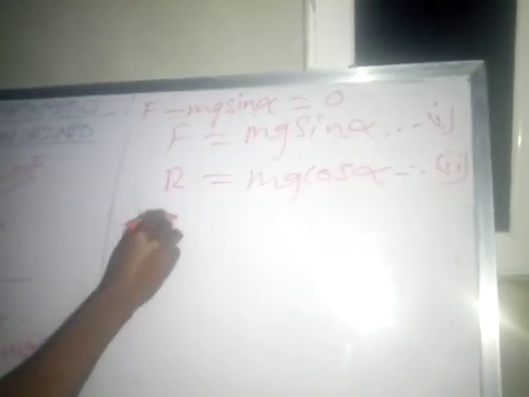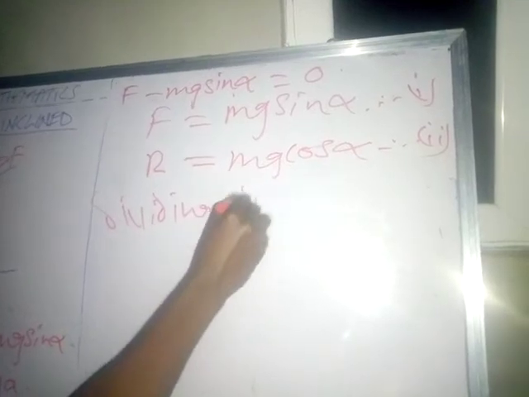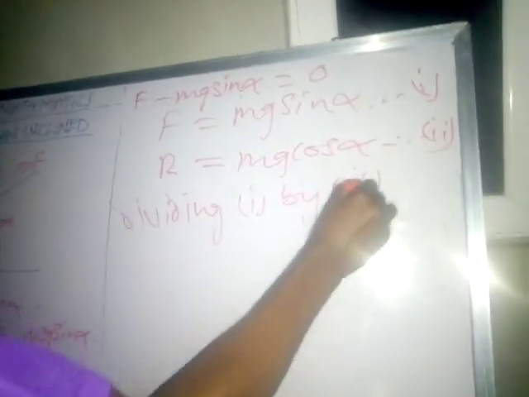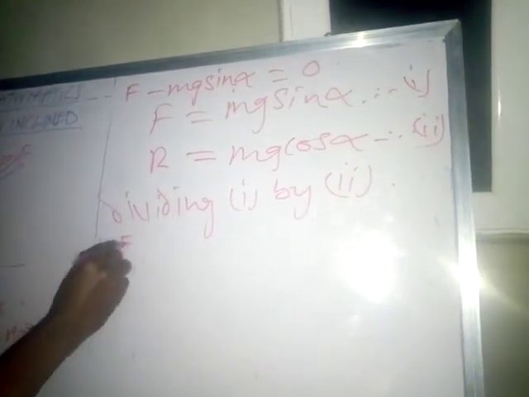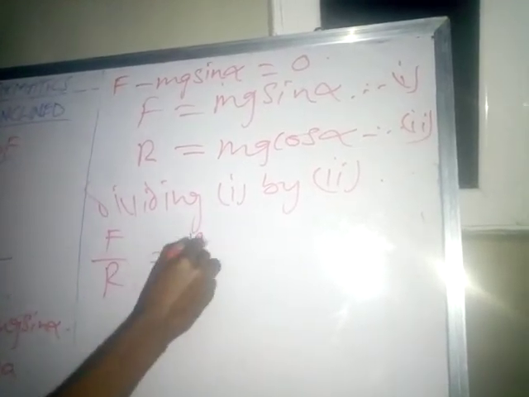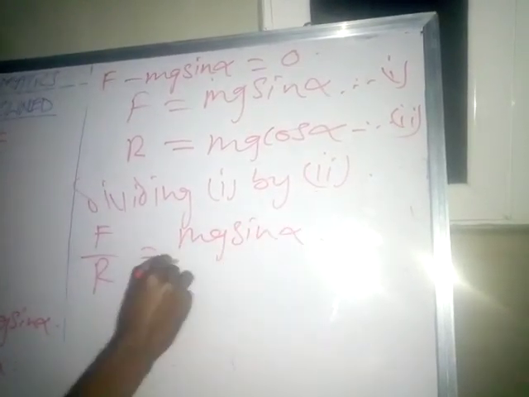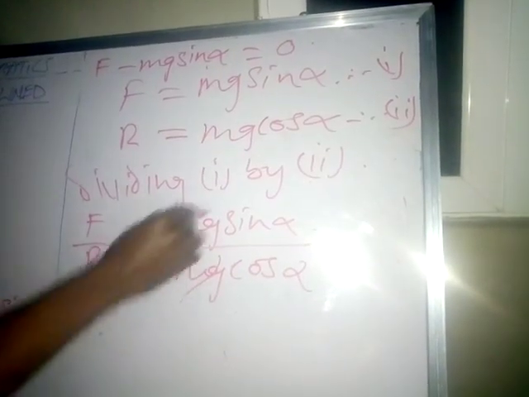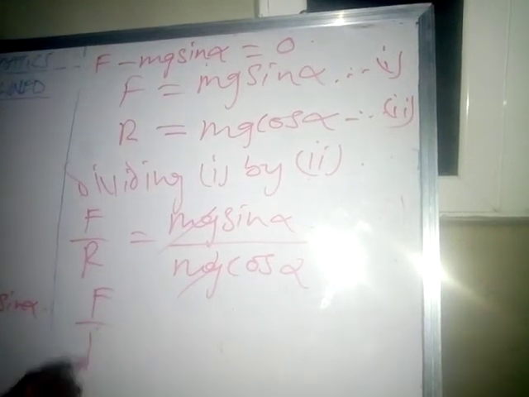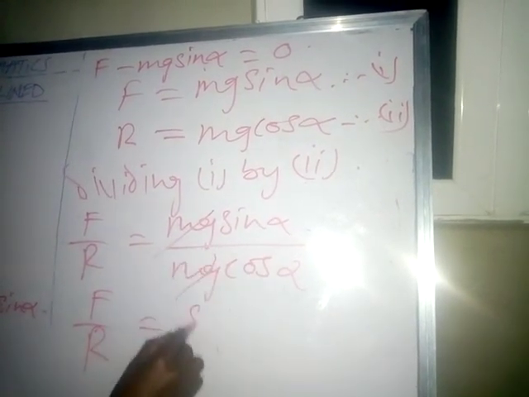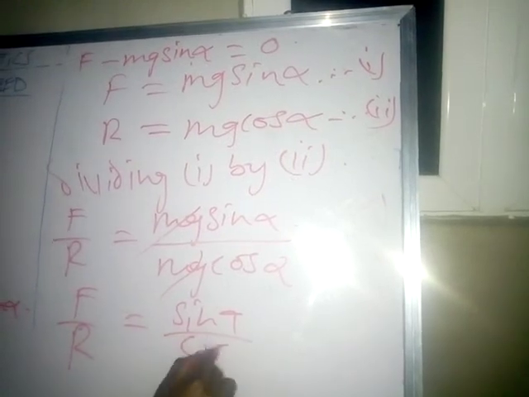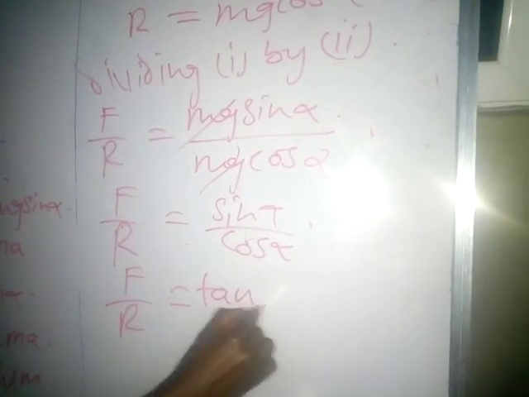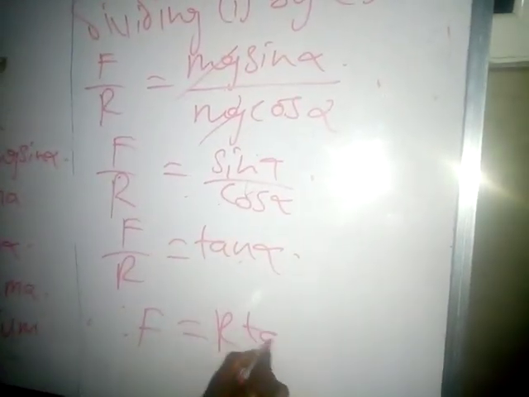Dividing 1 by 2, we are going to have F over R equals mg sine alpha over mg cos alpha. So F over R equals sine alpha over cos alpha, which is tan alpha. Therefore F equals R tan alpha.